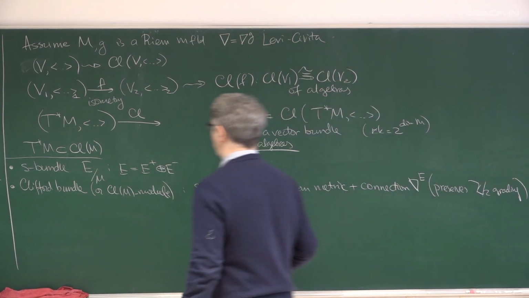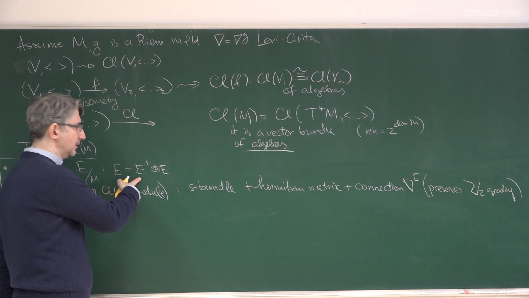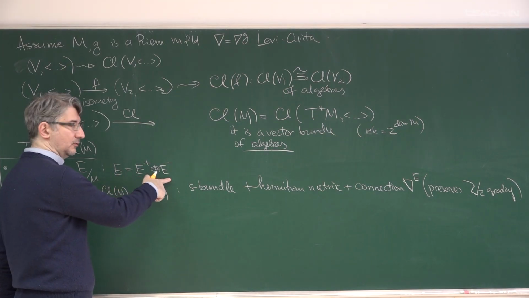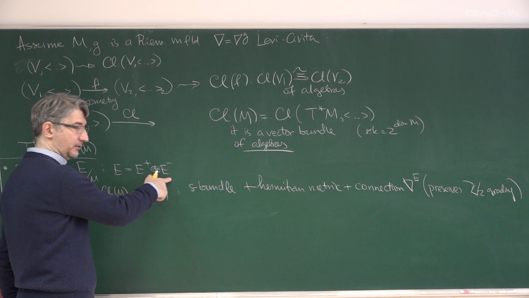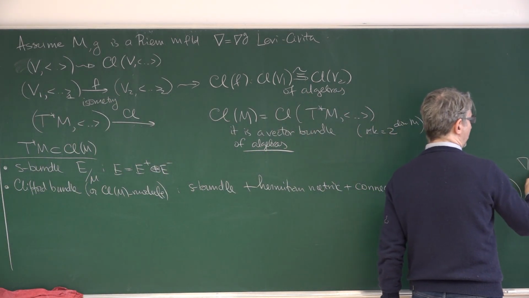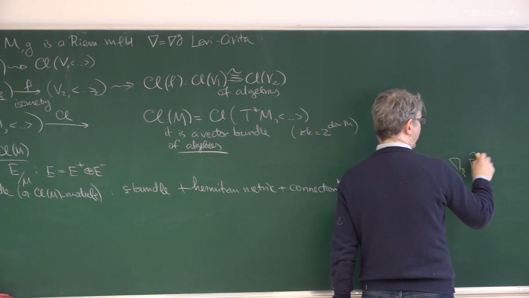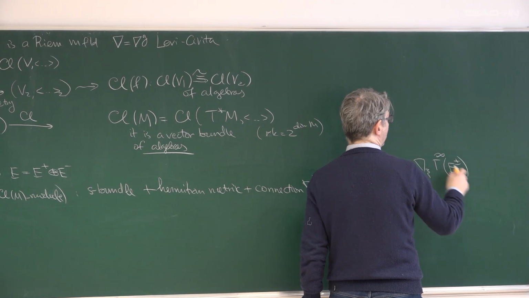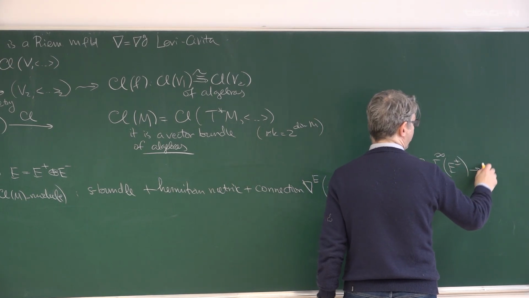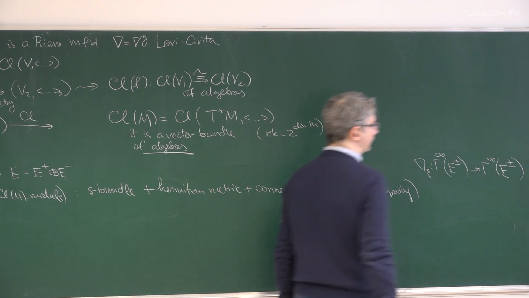It means that if you take a section of E plus and apply the connection, you still obtain a section of E plus, and the same happens for E minus. We can write it this way: the covariant derivative of sections of E plus or minus preserves the type of section.